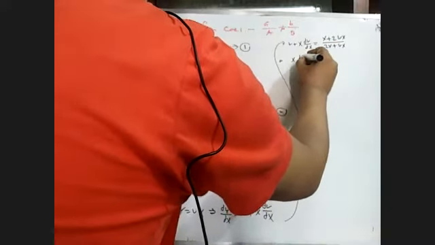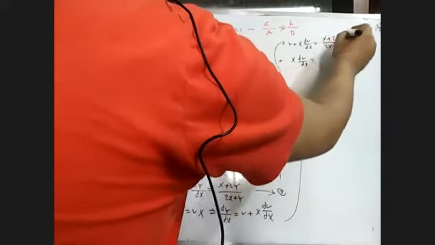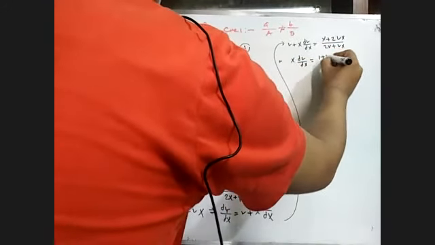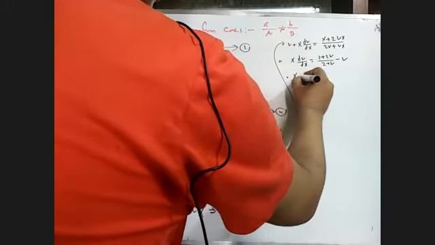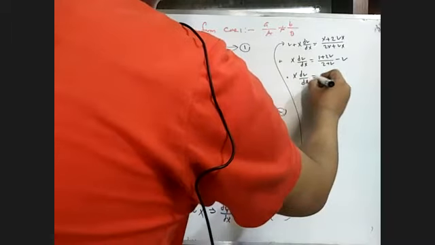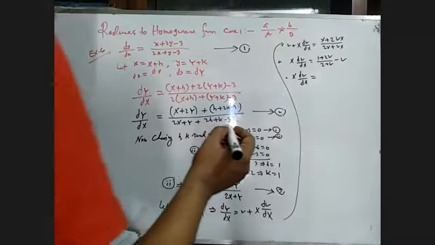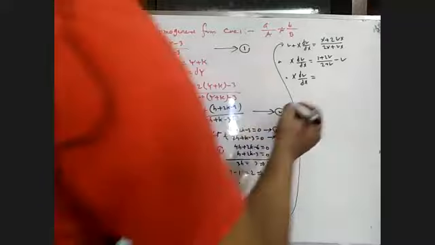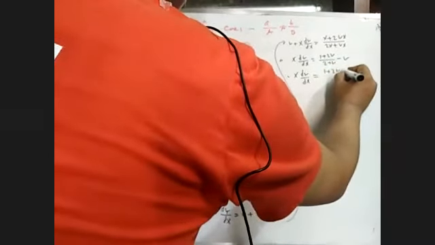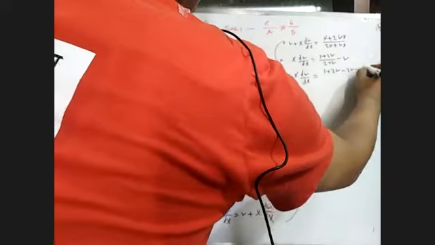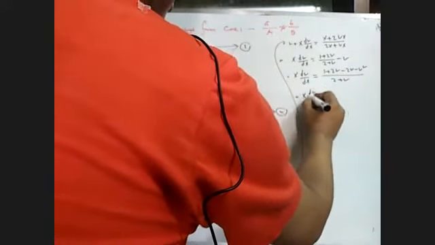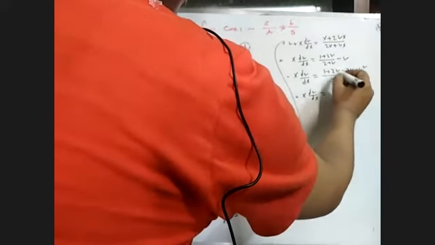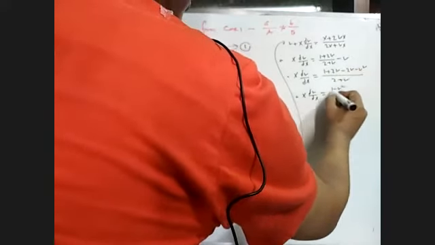From this, X will be cancelled, so we get (1 plus 2v) divided by (2 plus v). So X dv/dX equals (1 plus 2v) divided by (2 plus v) minus v, which is (1 plus 2v minus 2v minus v squared) over (2 plus v), taking LCM. So X dv/dX equals (1 minus v squared) divided by (2 plus v).